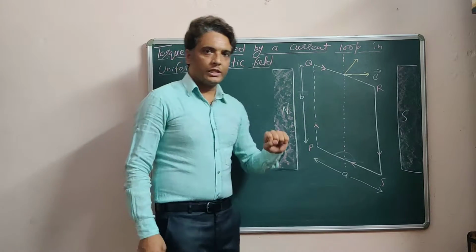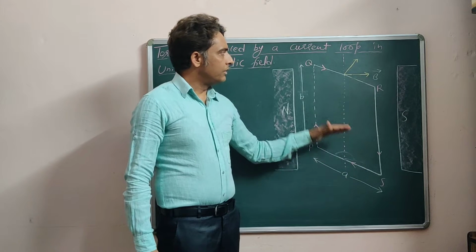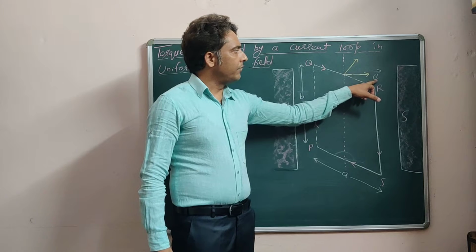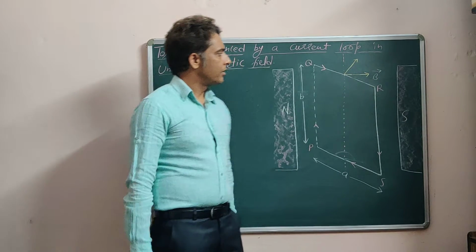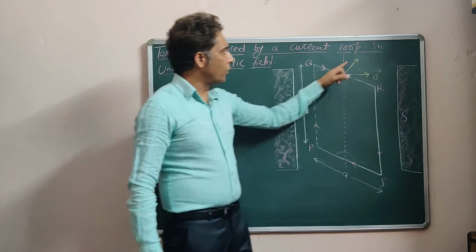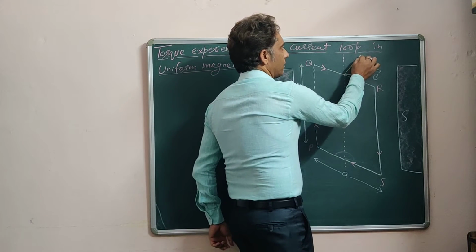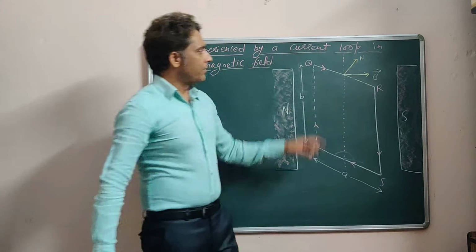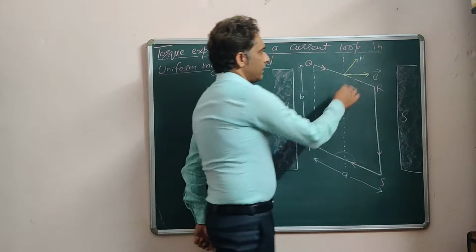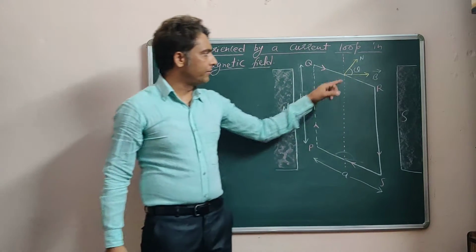So now let us consider a rectangular coil PQRS which is suspended in a uniform magnetic field of magnetic field intensity B. We have suspended this coil such that the normal to the plane of the coil makes an angle theta with the direction of magnetic field.